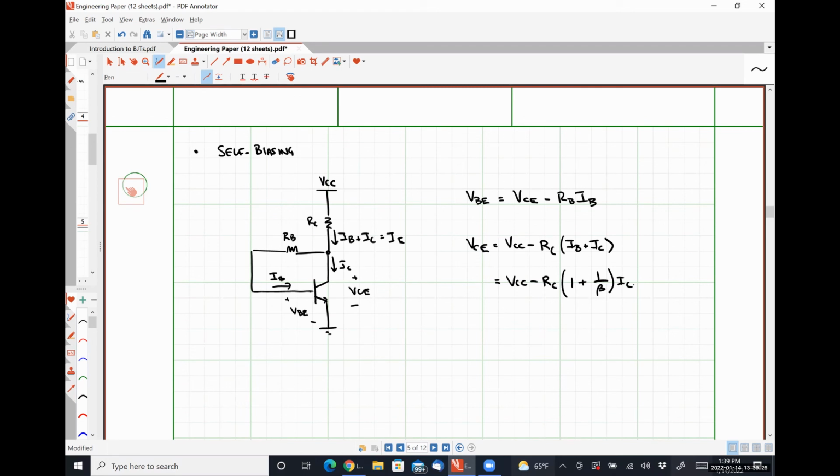Everybody okay with where these guys came from? Just Kirchhoff's voltage law along the right-hand side here.